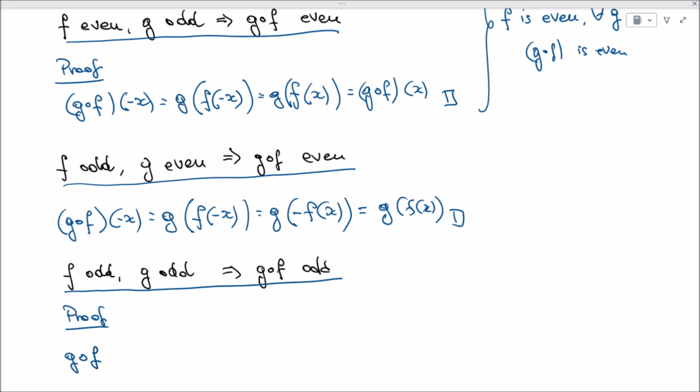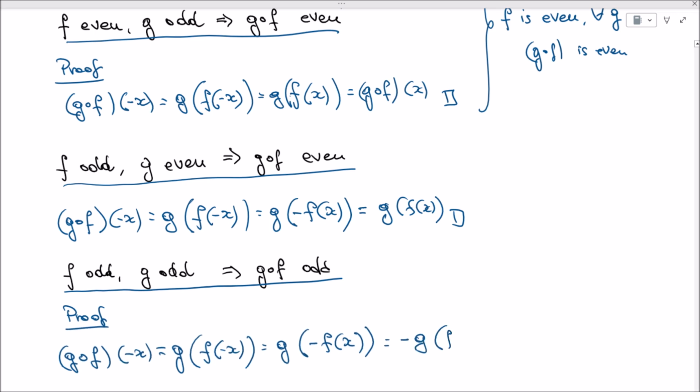We want to find g compound f of minus x, which is equal to g of f of minus x. But now this is equal to g of minus f of x, because f is odd, and because g is odd, this is equal to minus g of f of x, which is minus g compound f of x. And this concludes the proof.